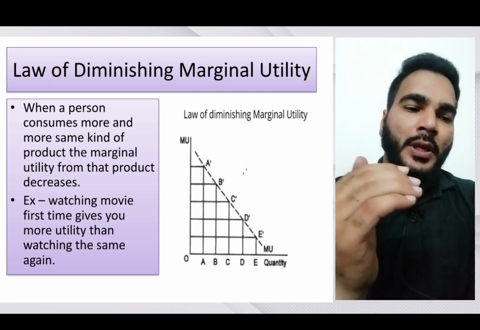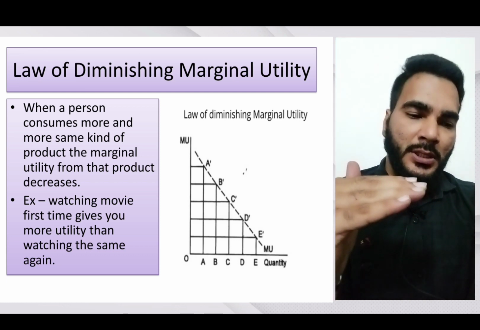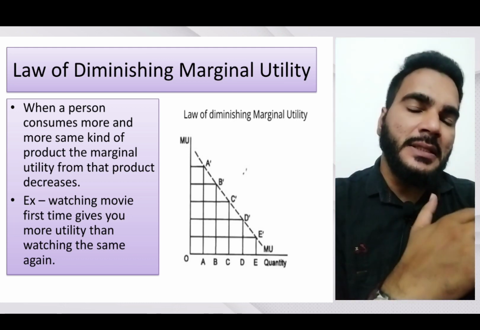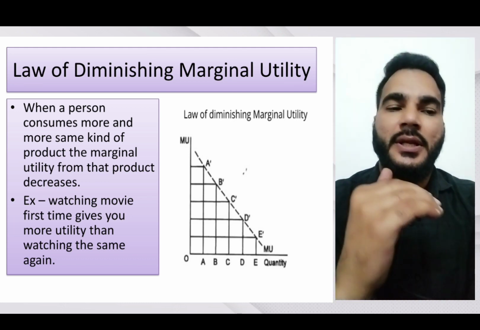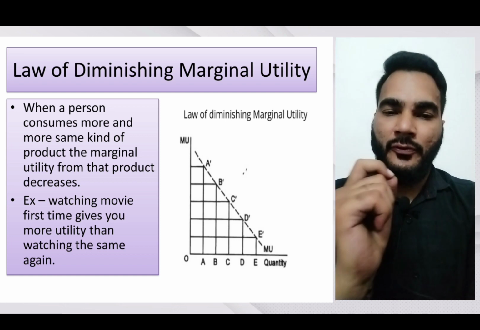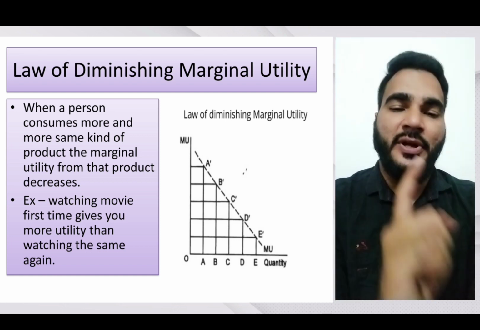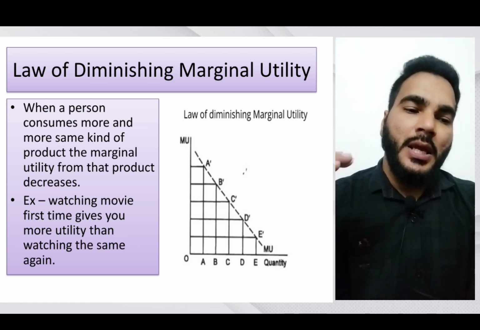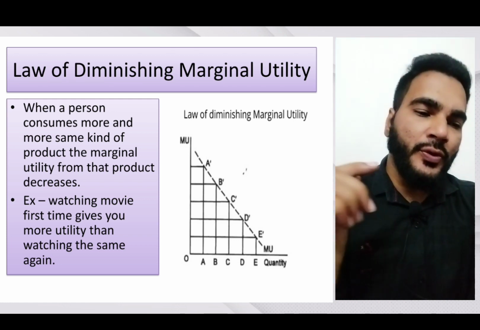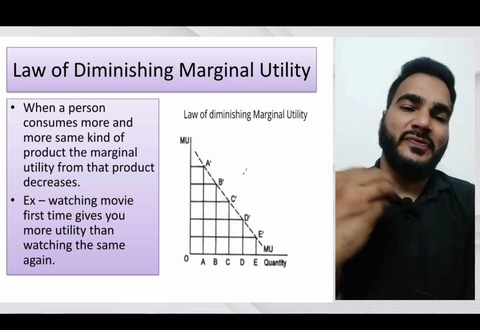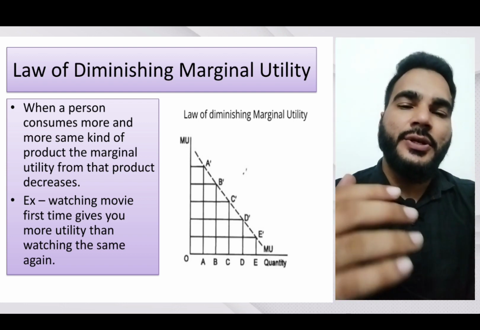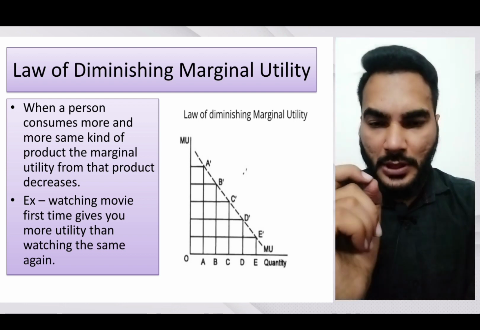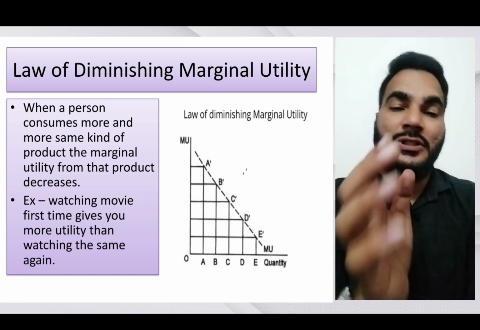If the quantity of the product increases, the marginal utility decreases. If you are consuming only 1 unit, your marginal utility is very high. As you go gradually, with 5 units, the marginal utility is very low.